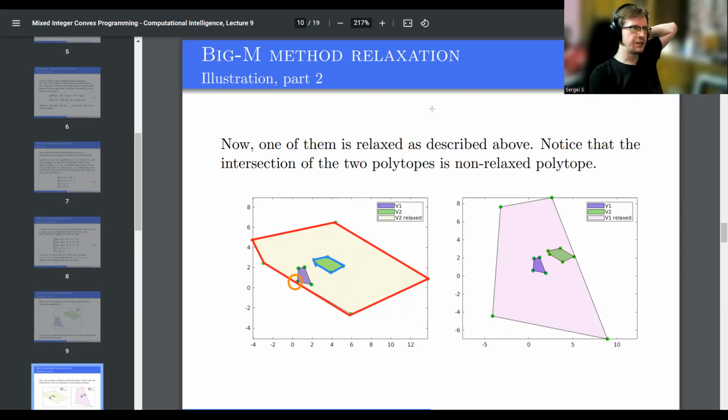So let's say we choose x. Let me choose a different x here. It is still inside the V2 relaxed polytope. X here, still inside the V2 relaxed polytope. X here, still inside the V2 relaxed polytope. But since V2 is relaxed but V1 is not relaxed, all admissible x would be inside V1. We wouldn't be able to escape V1 because it is not relaxed.